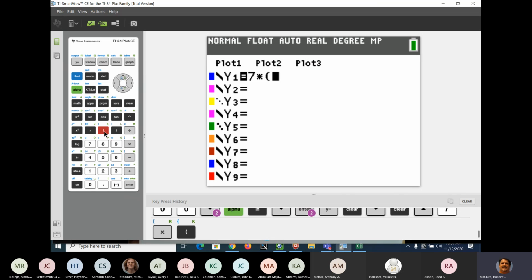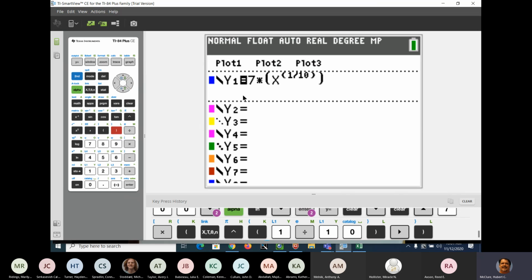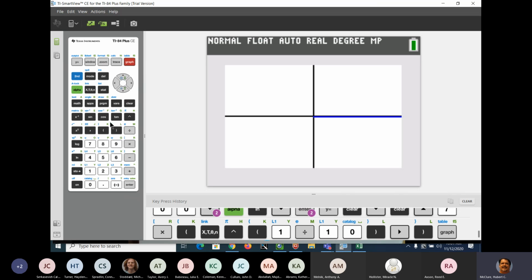So parentheses x to the 1/10th power, 1 divided by 10, and then put parentheses around that. So 7 times the 10th root of x, and graph. And zoom standard.